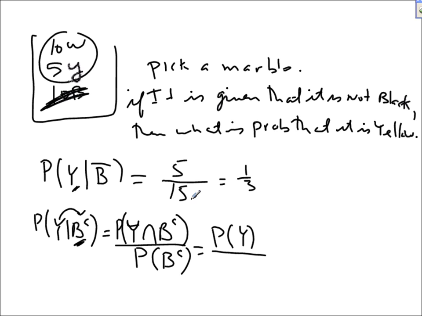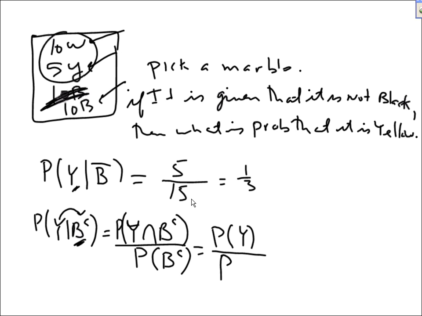Which of these 25 marbles, including the 10 black, are yellow and not black? Well, the whites are not yellow and not black because they're not yellow. The yellows are certainly yellow and not black. The blacks are not yellow and not black.